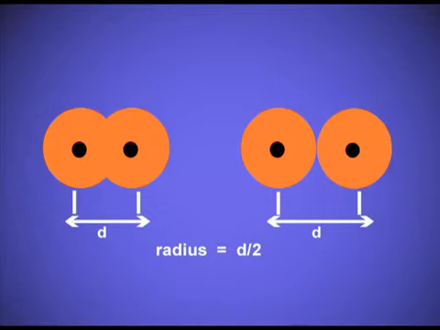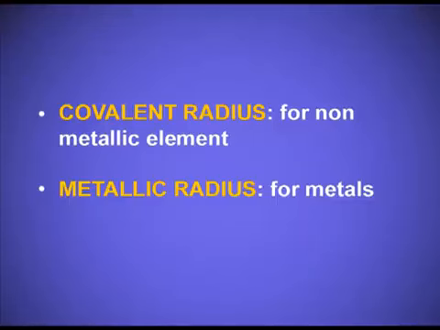From the picture you can see that the 2 atoms are covalently bonded and the 2 black dots are the nuclei. The distance between the 2 nuclei is d, and half of d is the atomic radius. We use the term covalent radius for non-metallic elements and metallic radius for metals.